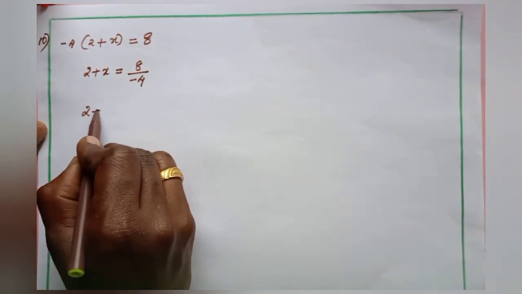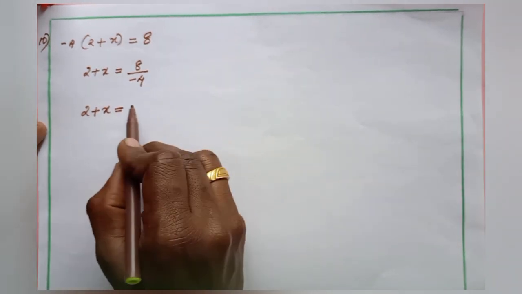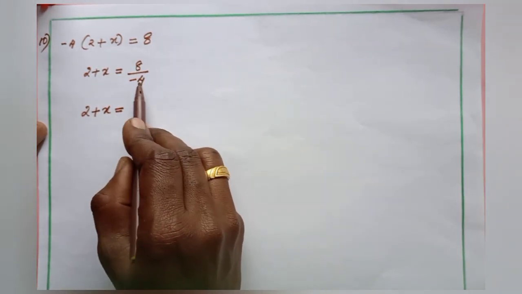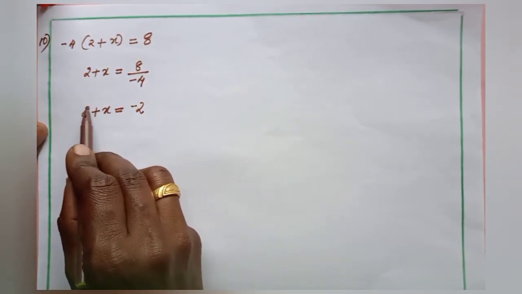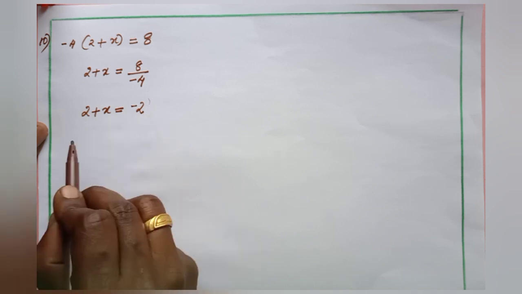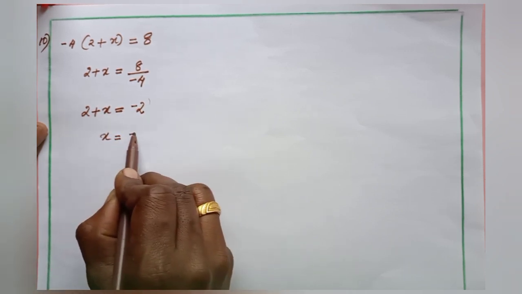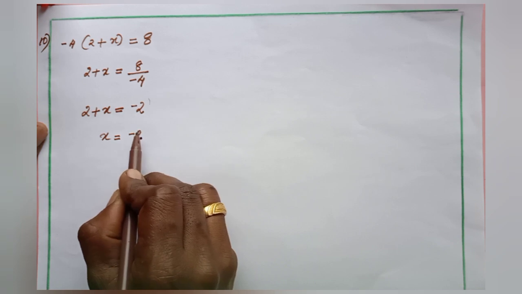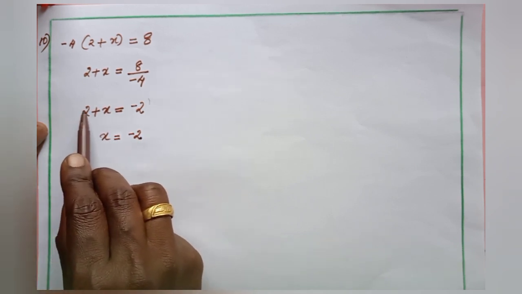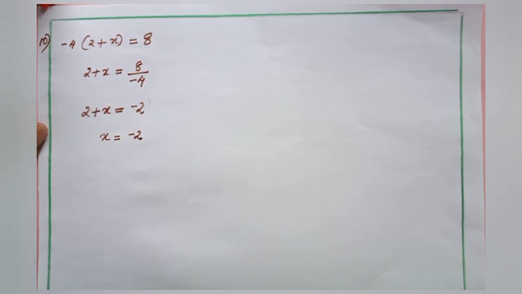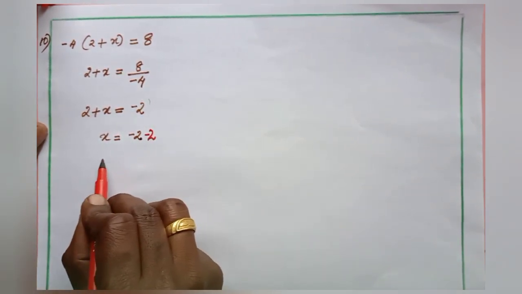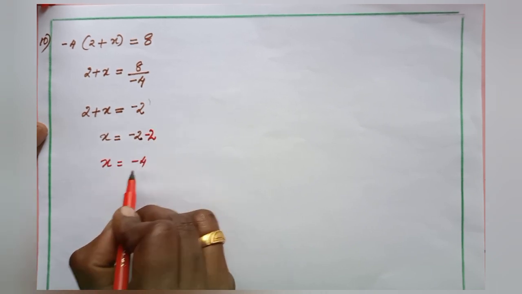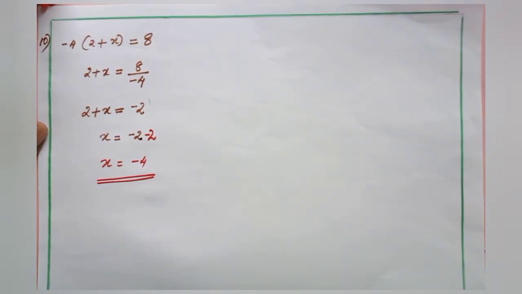So we get 2 plus x equal to 8 divided by minus 4, which is minus 2. Then take this positive 2 to the right side. Positive changes into negative, negative 2. So we get x equal to negative 4. Negative 2 plus negative 2 is negative 4.